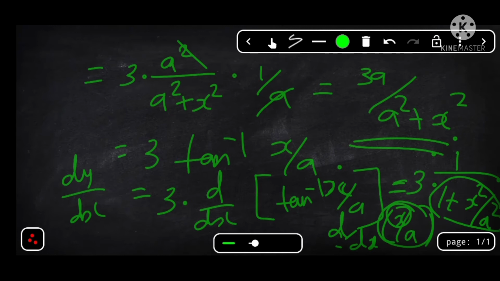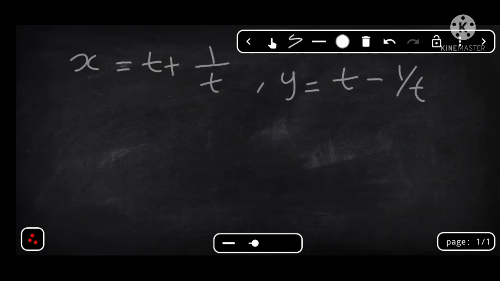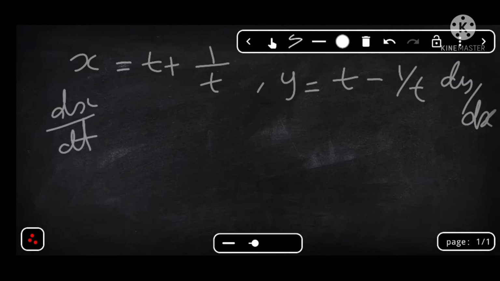Okay. So let's find out dy by dx. We cannot find out dy by dx directly from here. First of all, we have to find out dx by dt, because this variable is t, right? So we have to differentiate with respect to t first.